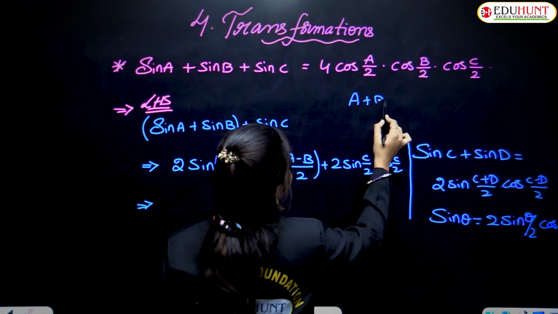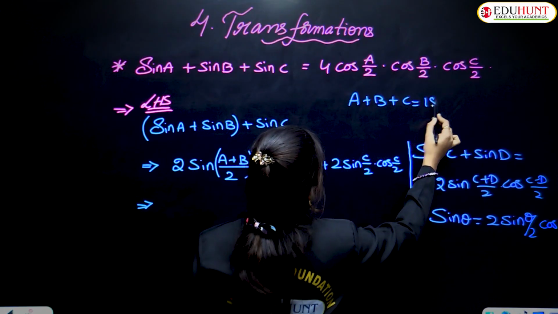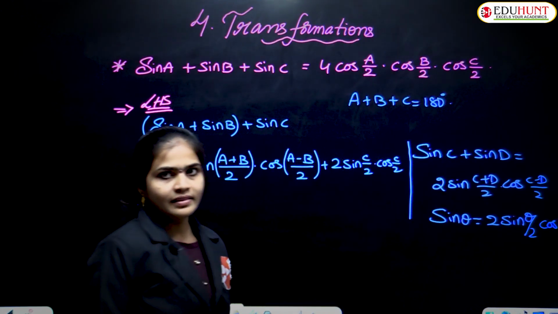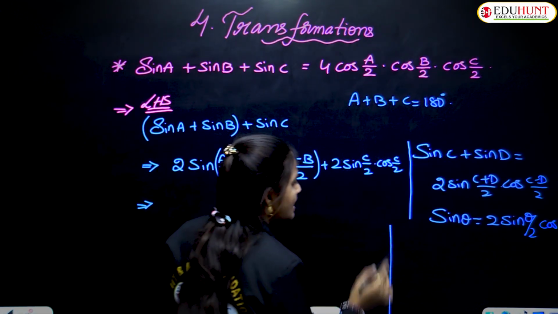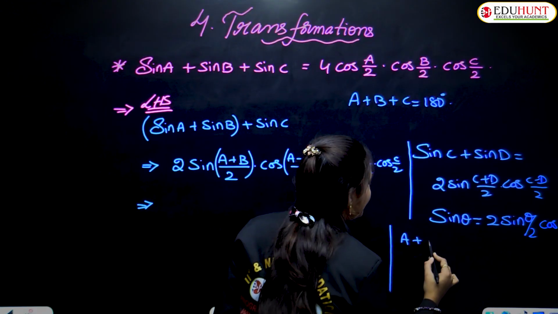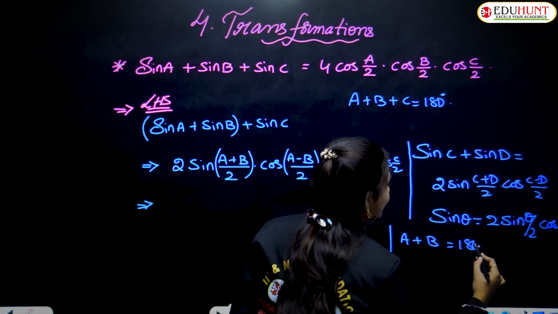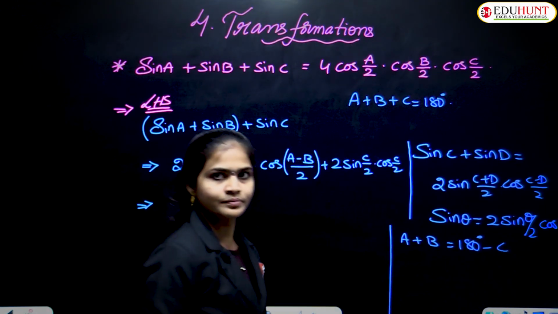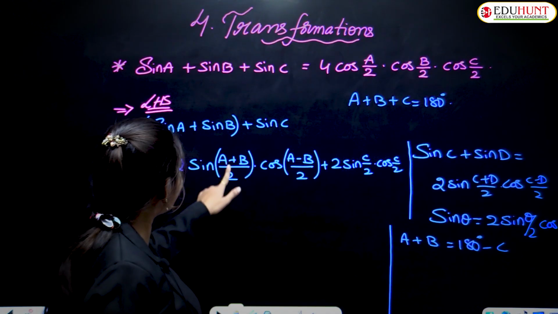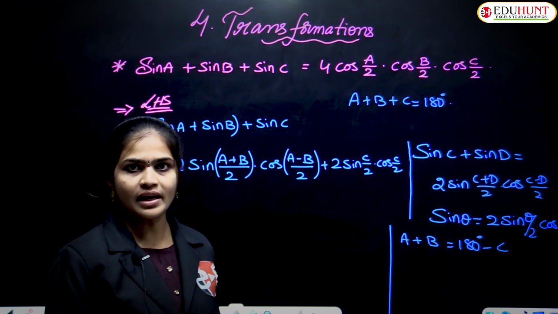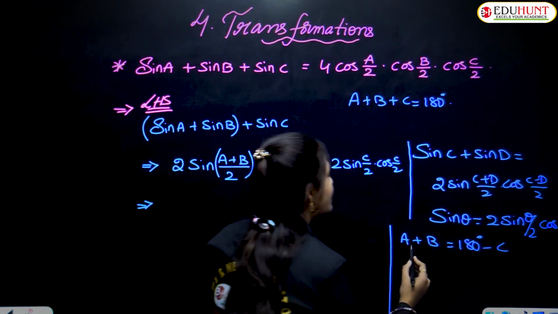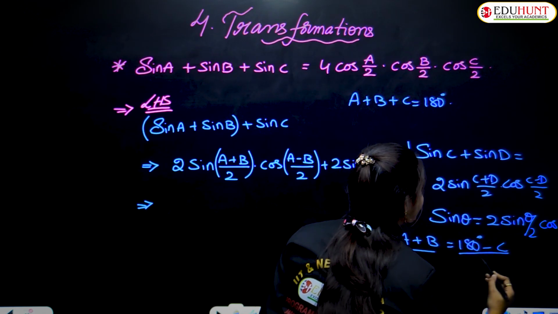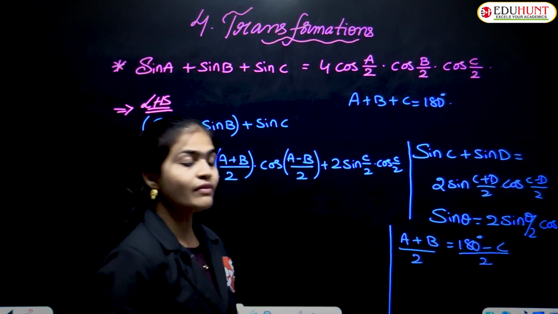And here A plus B plus C is equal to 180 degrees, that condition we know. So A plus B is equal to 180 degrees minus C. But here we have (A plus B) by 2, so both sides we divide by 2.